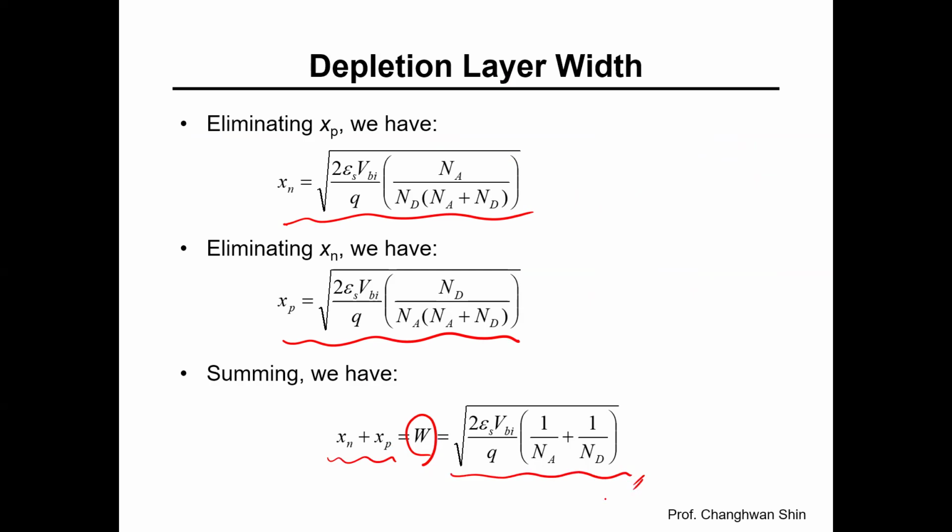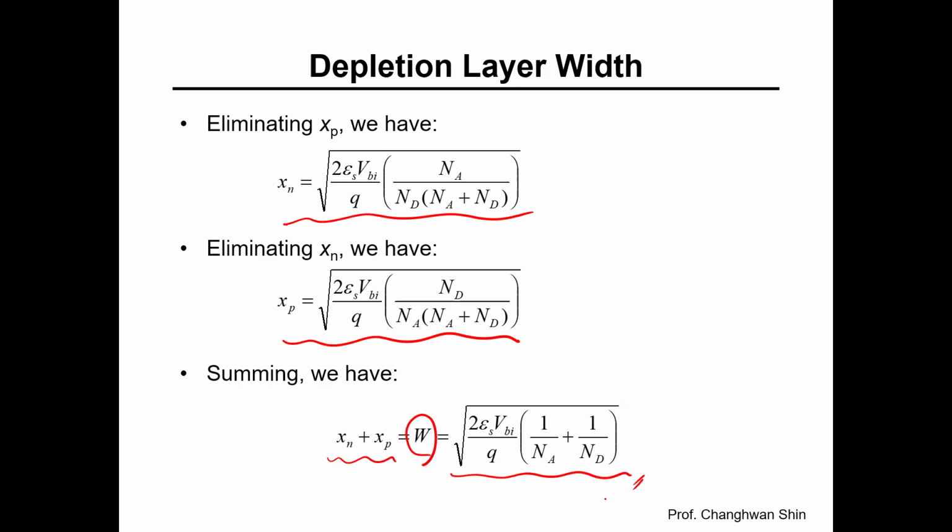So these expressions tell us how wide the depletion region is and how it distributes itself between the p and n sides based on the materials and doping concentrations. For example, in a silicon PN junction with NA and ND both 10 to the 16 per cubic centimeter, the depletion width at thermal equilibrium is typically a few tenths of a micrometer, extremely small, right? But critical to device operation.